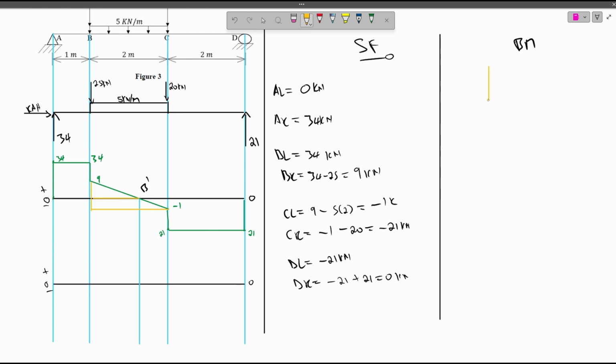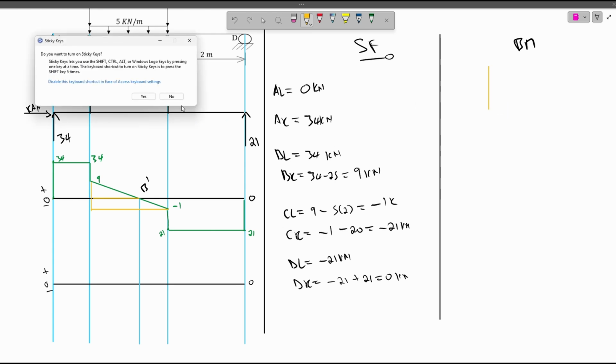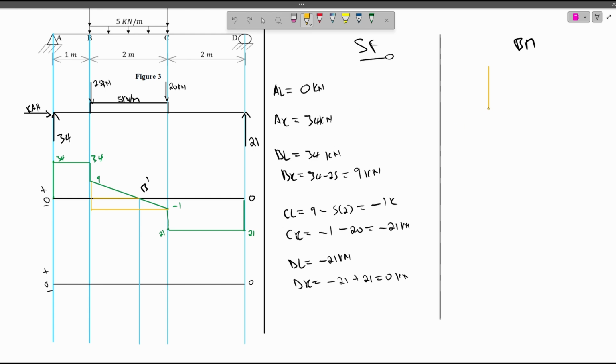So for the big one, we have 9 plus 1, which is 10. The distance is 2. And then the small one, we have 9 with an x. So our 10 is 2, our 9 is x.